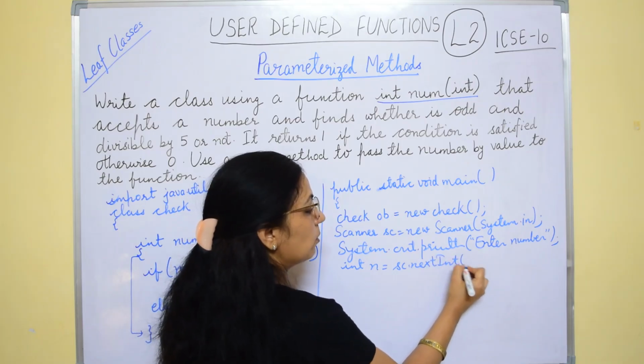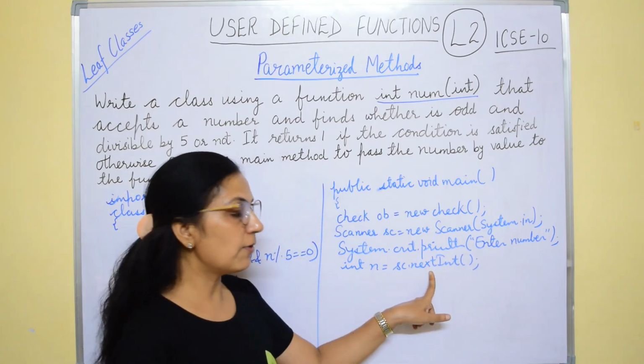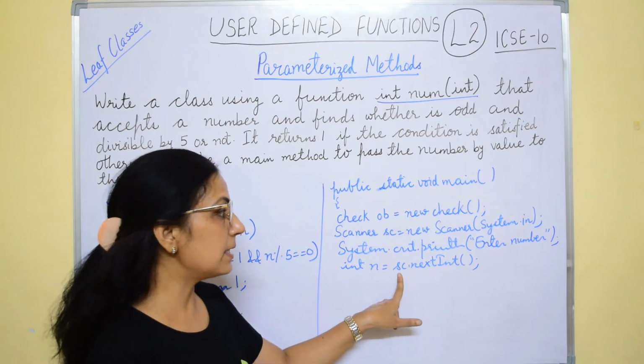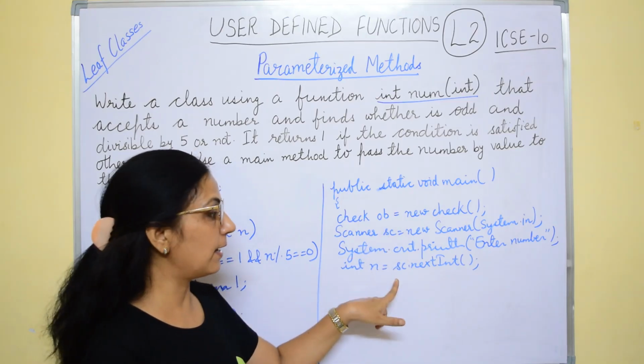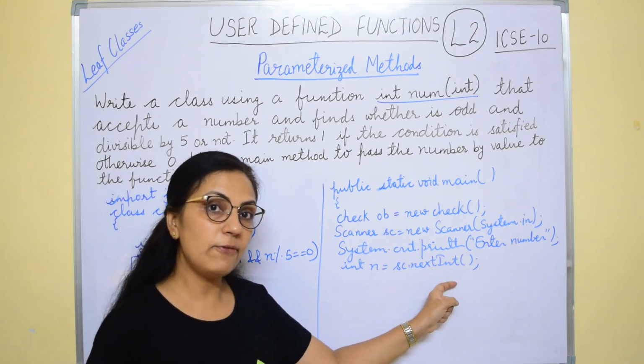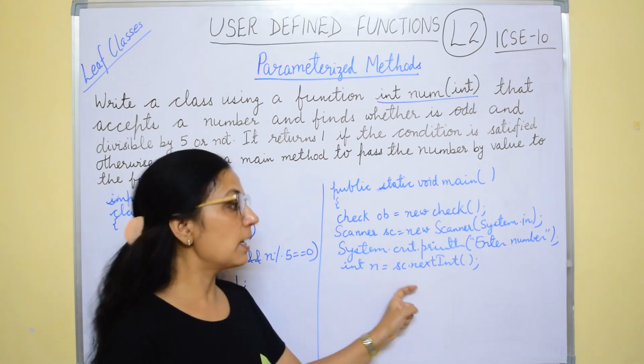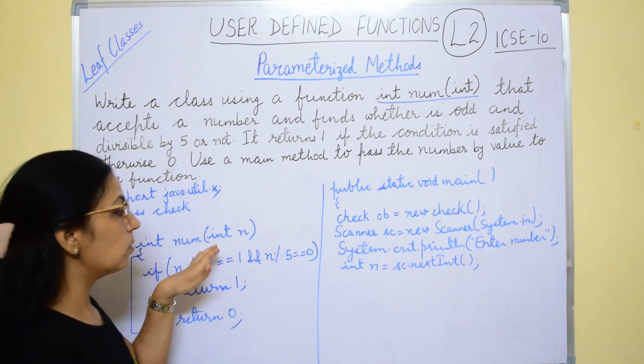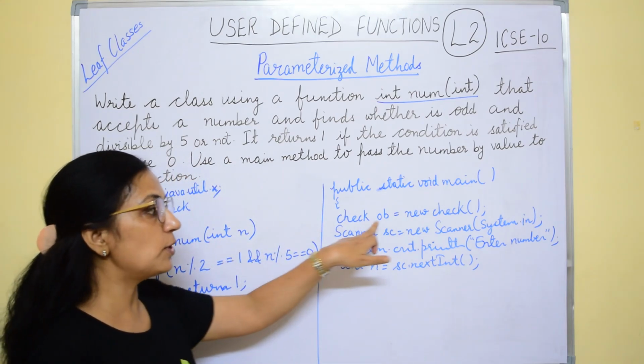Now if you see, nextInt is a function of the Scanner class and sc is the object of the Scanner class I have created. So to use any function we use the object. Similarly, if I want to use this function, I have to use the object ob.